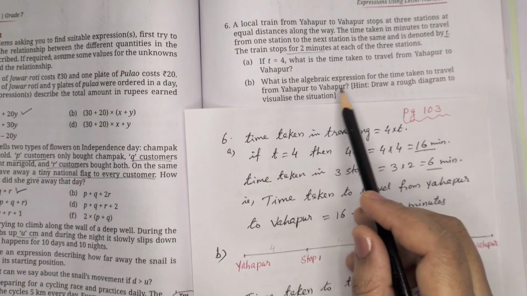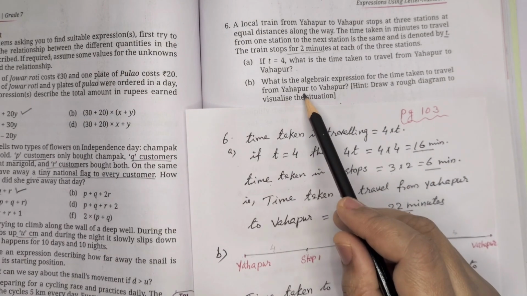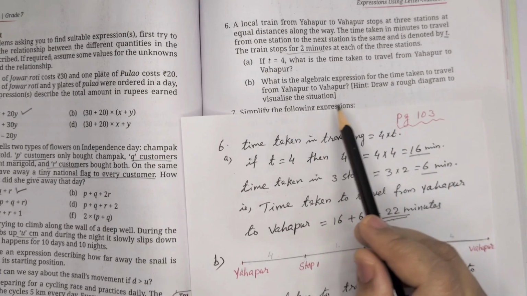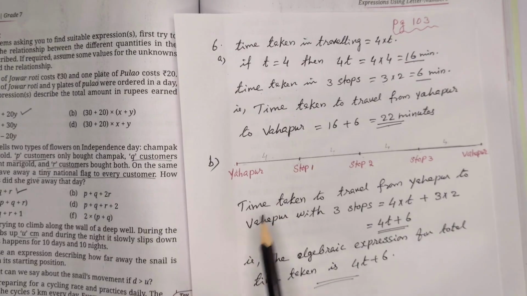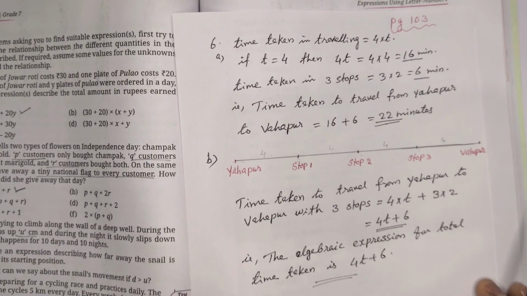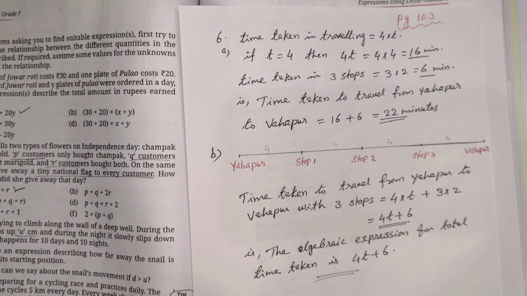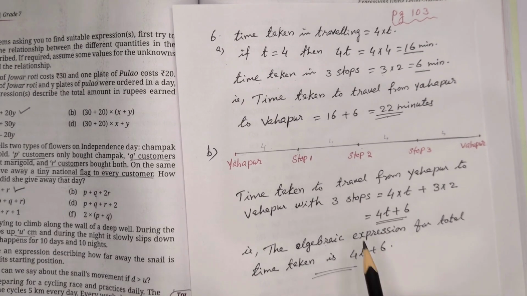Second part, what is the algebraic expression for the time taken to travel from Yahapur to Wahapur? Draw a rough diagram to visualize the situation. Here is the rough diagram from Yahapur to Wahapur and also the stops or stations mentioned here. 3 stations are there in between.